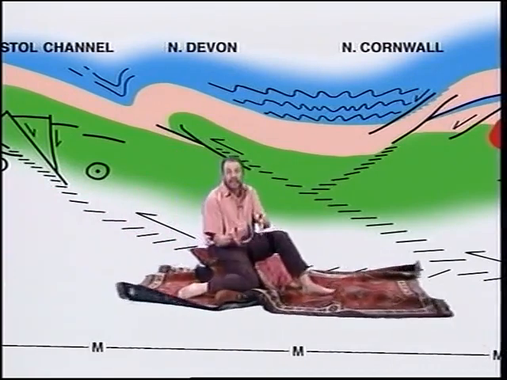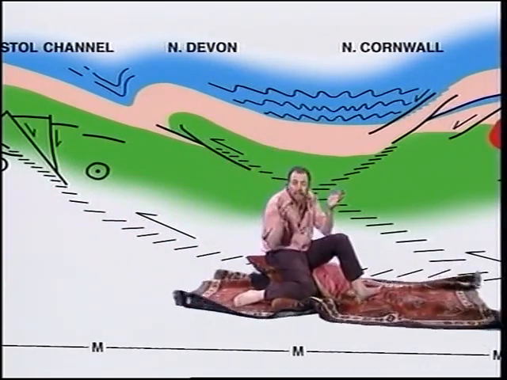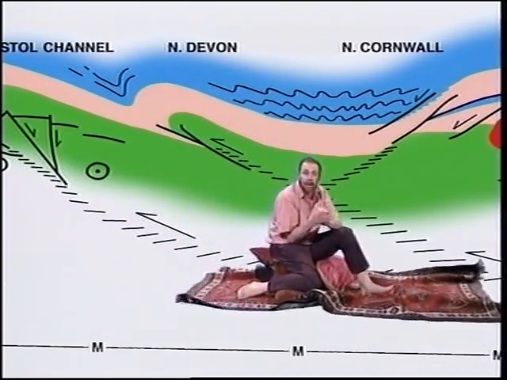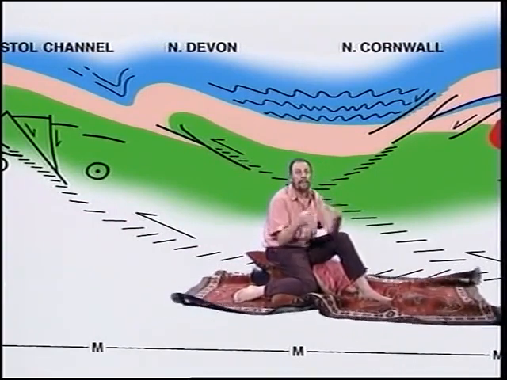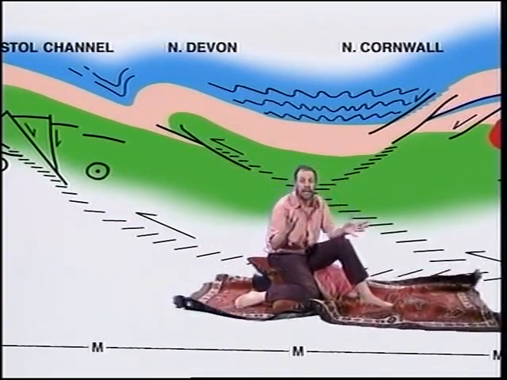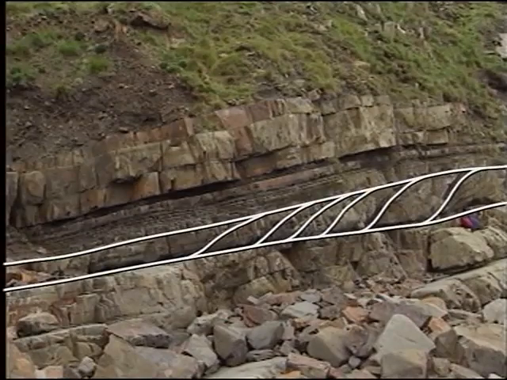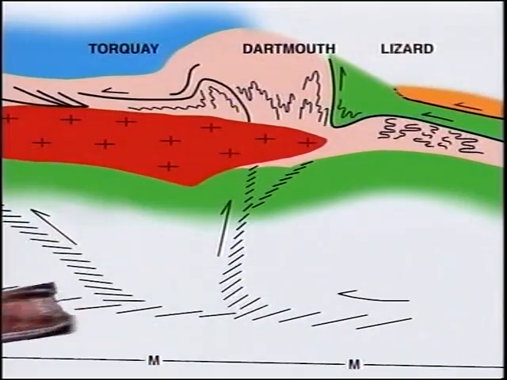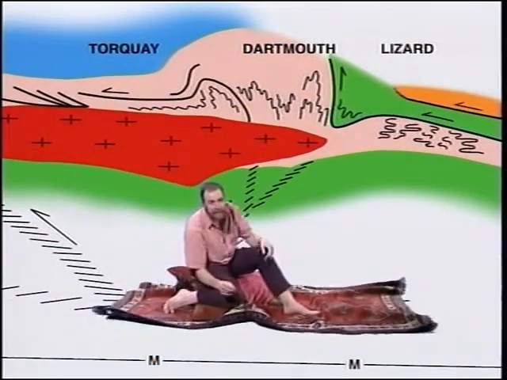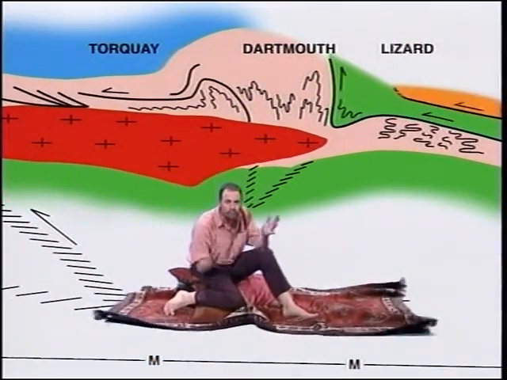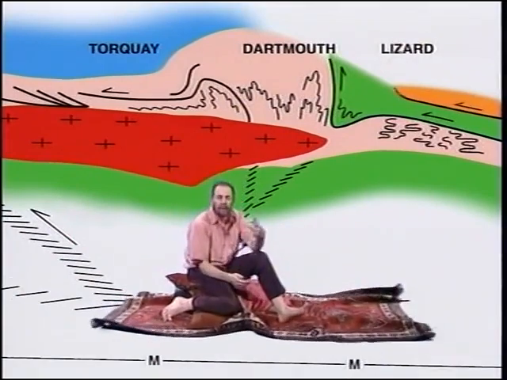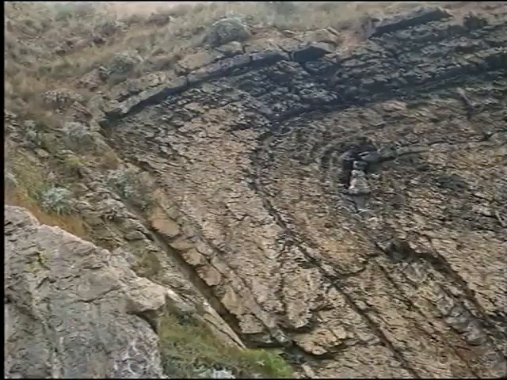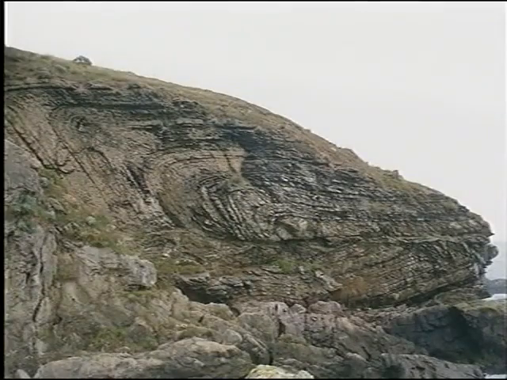Now, the main feature in Devon and North Cornwall is this large syncline in Carboniferous rocks at the surface, but the structures are really, really complicated. This is the sort of thing we saw at Widemouth Bay with the duplex and the thrust on its side. And by South Devon down here, the structures are really very complicated. Over at Torquay, at Hope's Nose, there are flat-lying folds and thrusts.